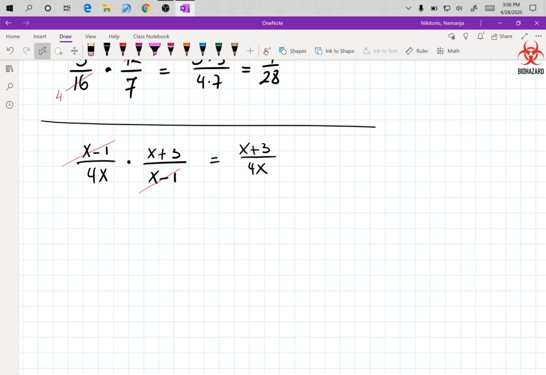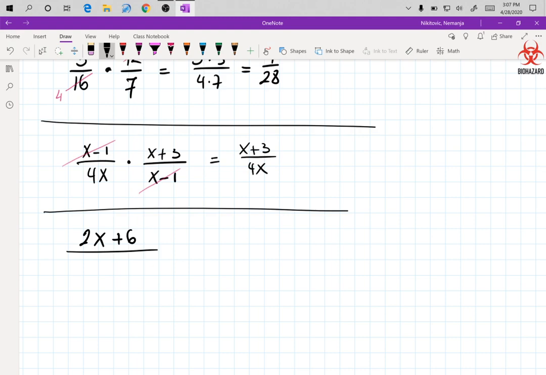If you have 2x plus 6 divided by x plus 3, let's say, times 6 over x minus 1. You can literally put anything.